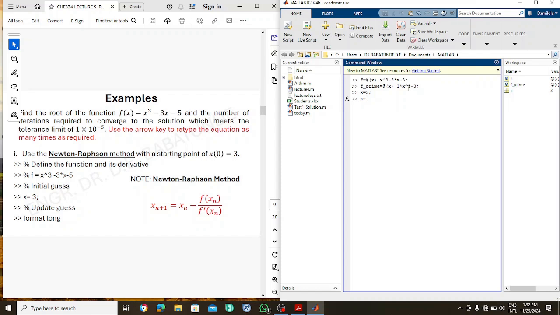So that's one of the reasons why we store values inside a variable, so that we can call it back and use it to do whatsoever we want. So x equals to x, so that means my new x is equal to what it was before, minus what?